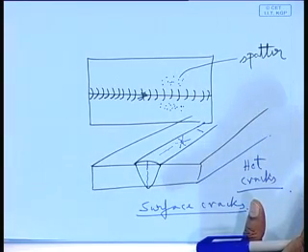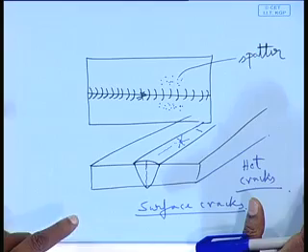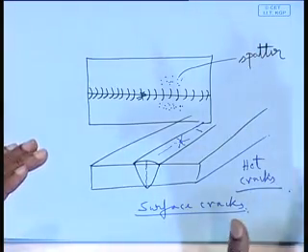Otherwise, the procedural remedy would be: you have to look into the weld parameters, the filler metal composition, and the structural restraints, say butt welding or fillet welding you are doing.